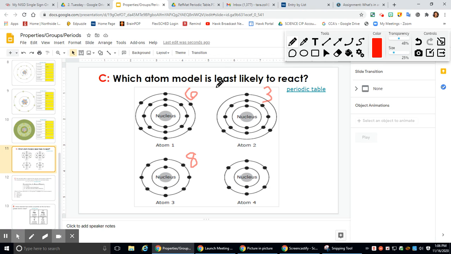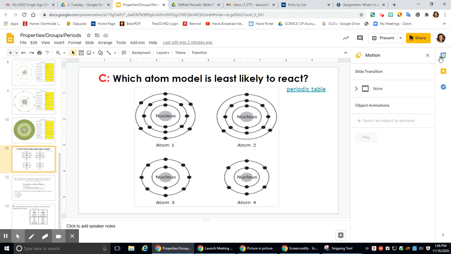So this atom 3 has 8 valence electrons. It's going to be the least likely to react because its shell is full. And let's count here. 1, 2, 3, 4, 5, 6. Okay, so all these other atoms are going to be reactive to try to get 8. But when the atom has 8, it is full, it's stable, unreactive.